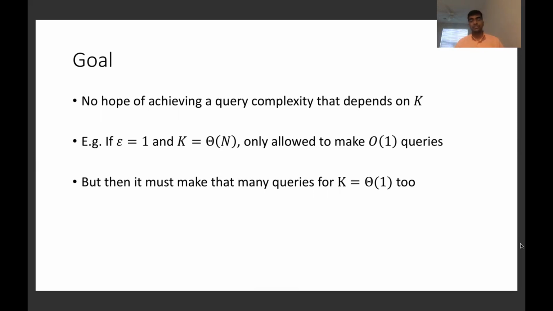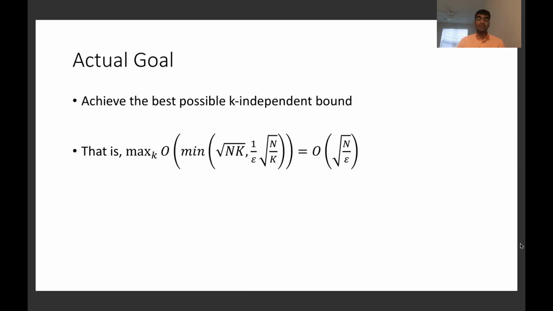First, note that we don't really have any hope of achieving a query complexity that depends on k, because our algorithm is non-adaptive, it must work for all k. So our bound cannot depend on k, because at no stage of the algorithm can the algorithm take into account what the value of k is. So our actual goal should be to achieve the best possible k independent bound. And that works out to O of square root n over epsilon.